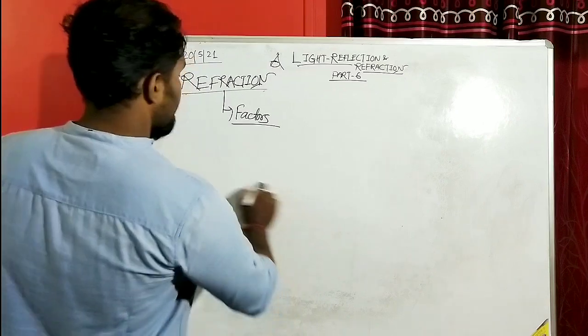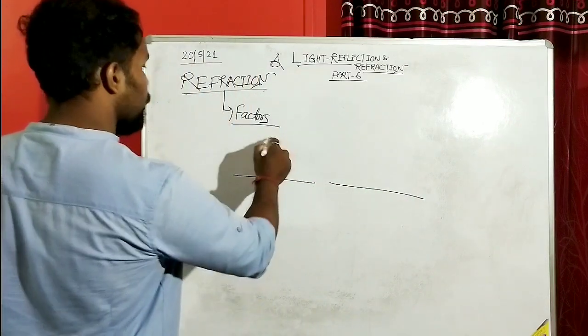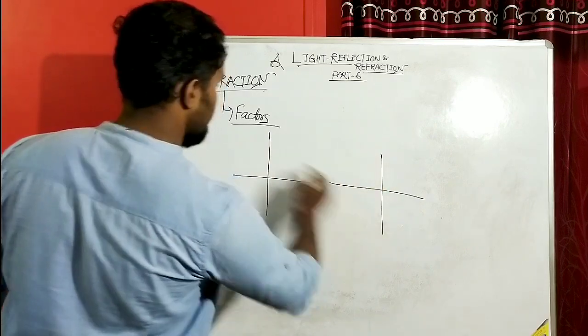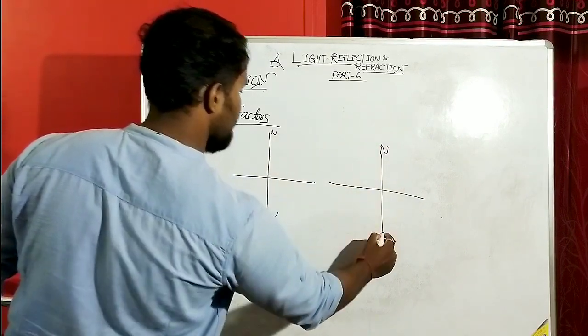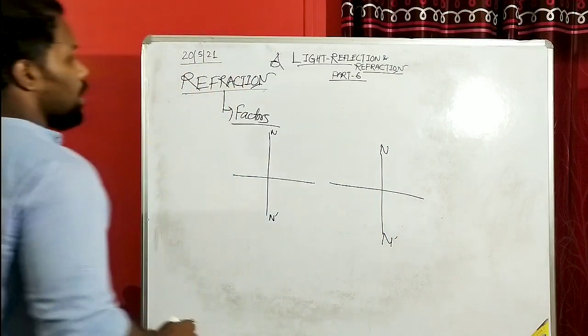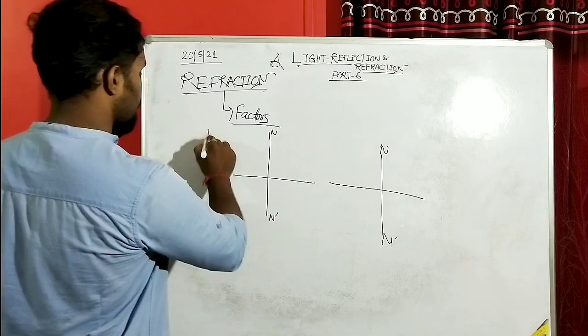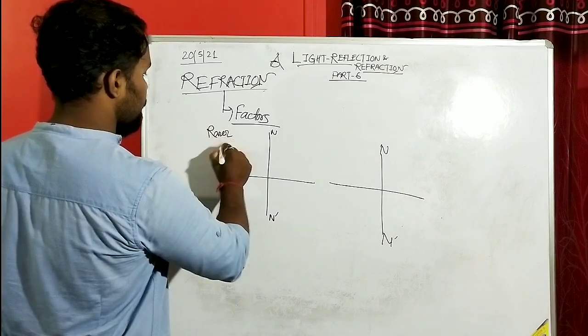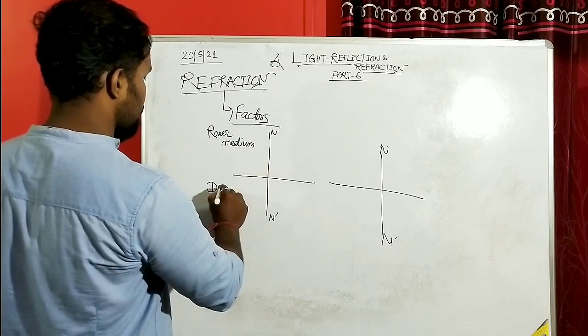We are going to consider two cases. Again, we are going to use this ray and normal N dash. These are some normals. You are going to have two new terms, rarer medium and denser medium.